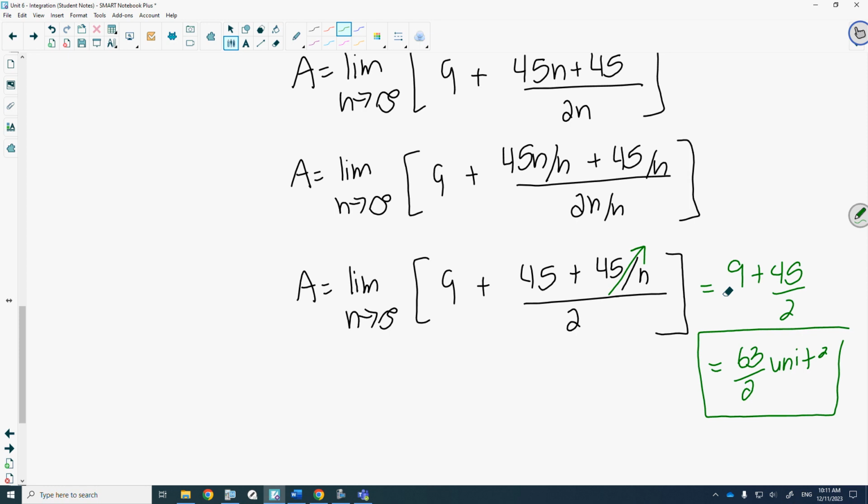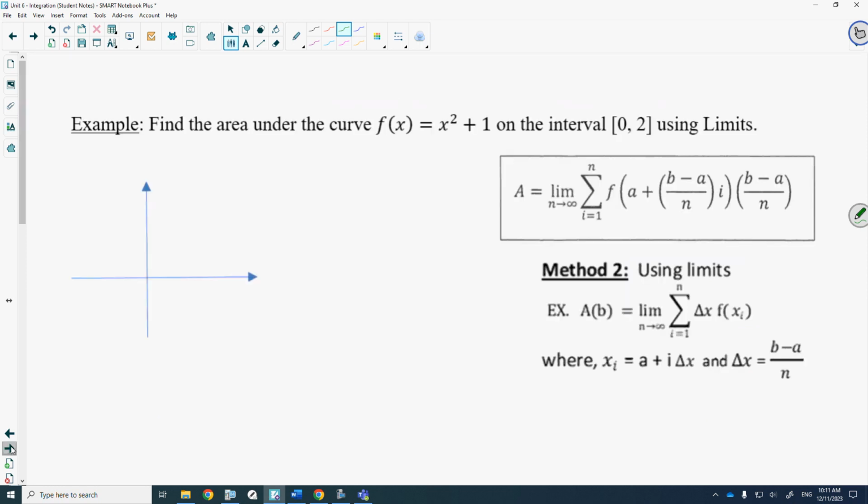Okay, let's look at one more problem. Find the area under the curve of this function on this interval using the definition of limits. So what we have is a quadratic. The quadratic has a y-intercept of 1. So let's just illustrate this and see what's happening.